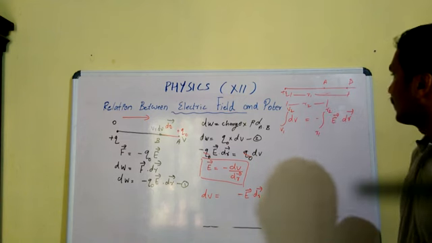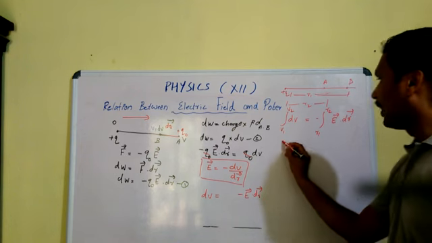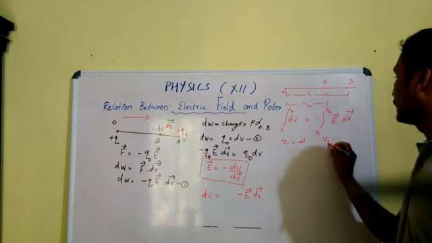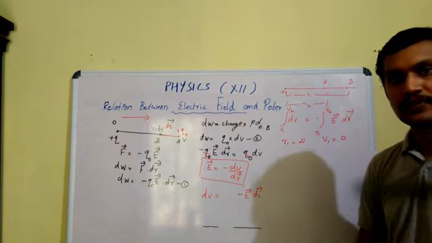Now suppose r1 is at infinity. If r1 is at infinity, the potential at that point will be equal to 0. We know that potential at infinity is equal to 0.